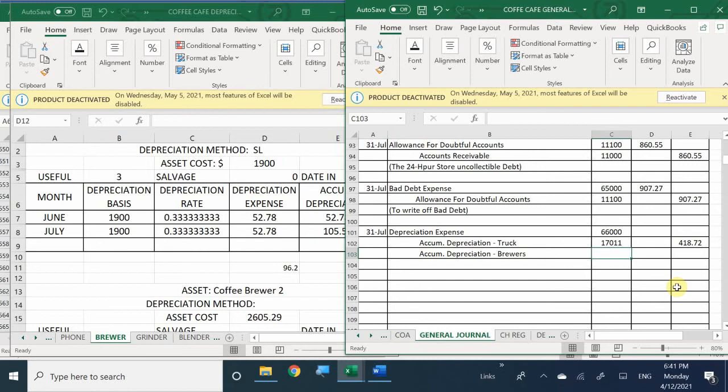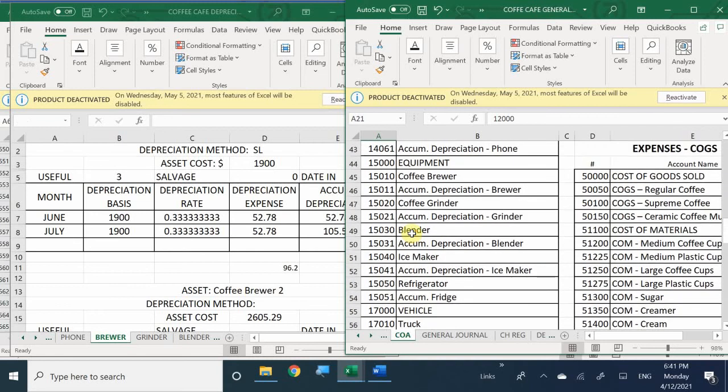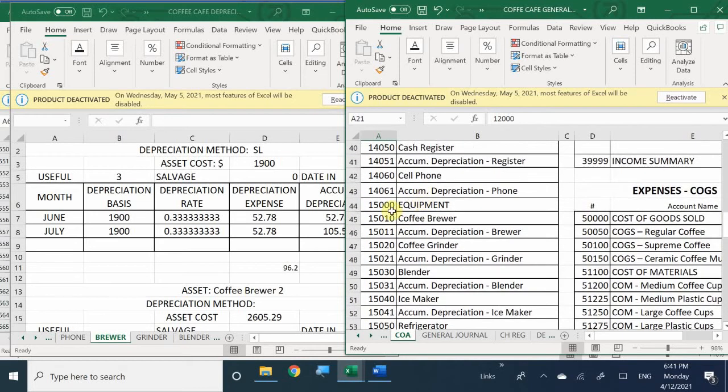For this one, we have a total amount of $96.20, right? We got coffee brewer number 1 and coffee brewer number 2. And this account number for the coffee brewer is going to be 1510. Wait, no, 1511. Right?